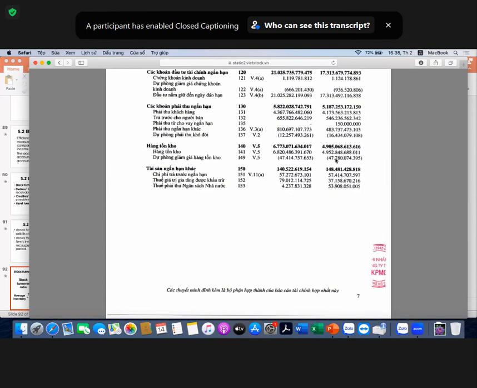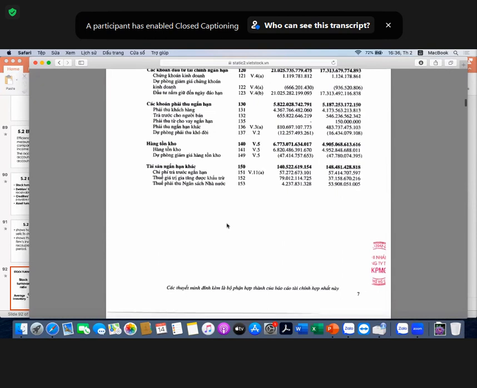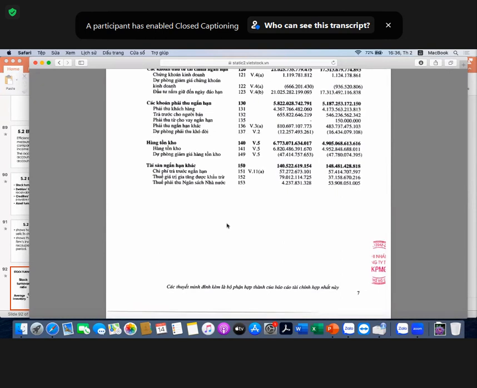Okay. And in 2020, it indicates 6.47 times average inventory is turned over during the year.